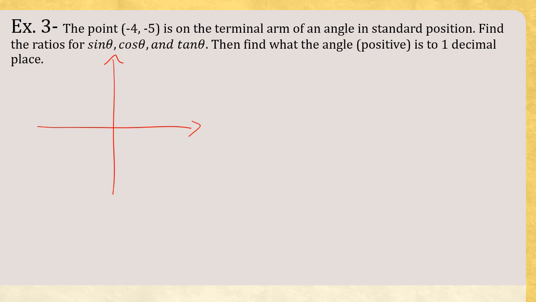After we've put our x and y axis, maybe it's a good idea to write CAST. -4, -5. Where is that? Well, that's quadrant 3, bottom left corner. So there's point P, -4, -5. Bowtie rule, there's our triangle.